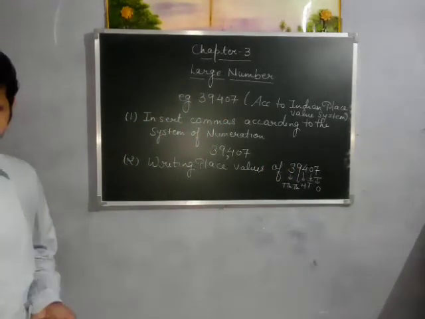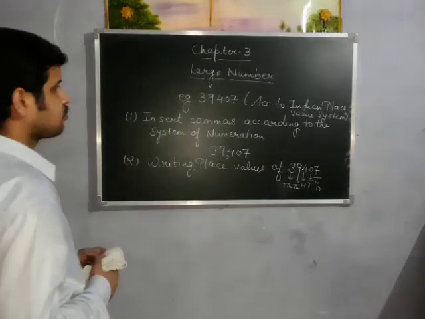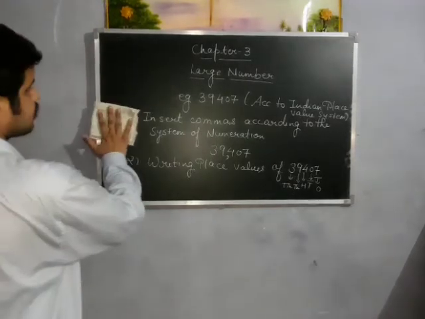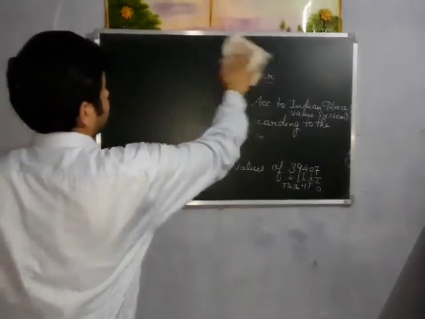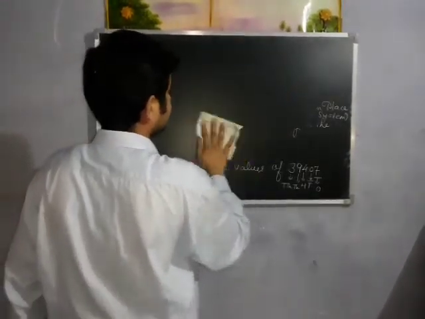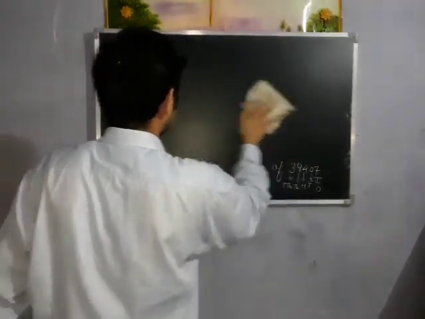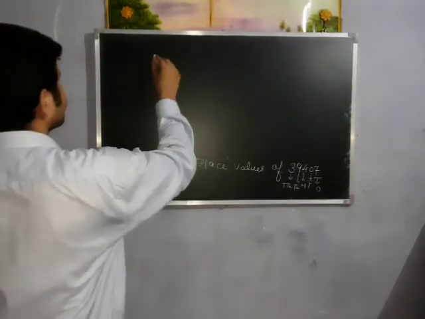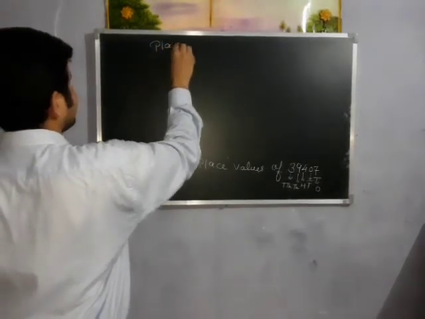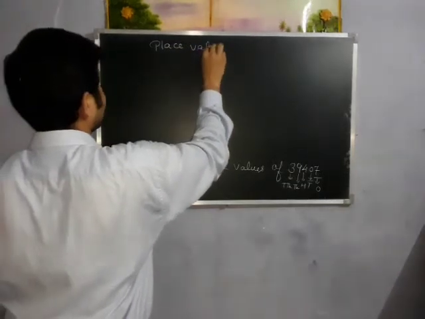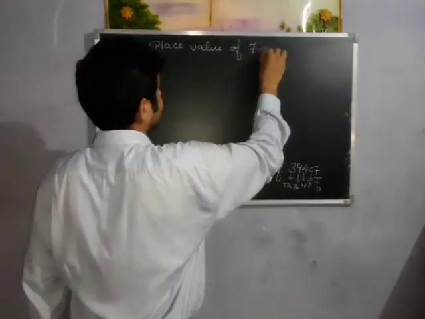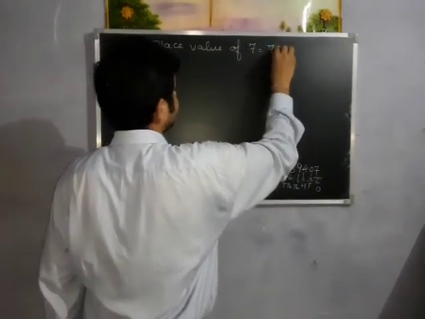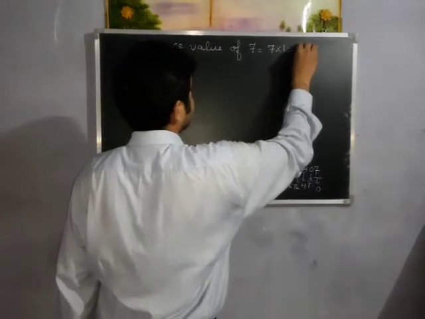Okay, so now students, I am discussing how to write the place values, and now we are in the second step. Please understand this thing carefully. First of all, I am writing down the place value of 7. So the place value of 7, students, what will it be? 7 multiplied by 1 is equal to 7.